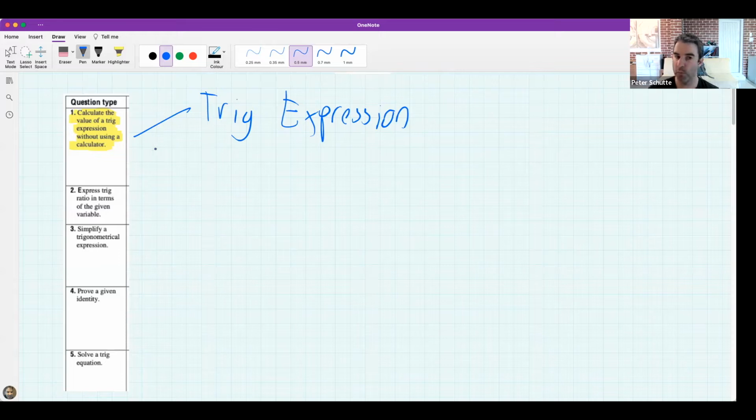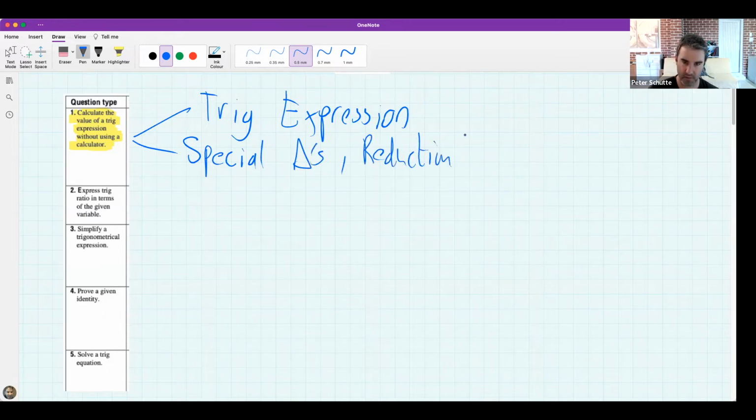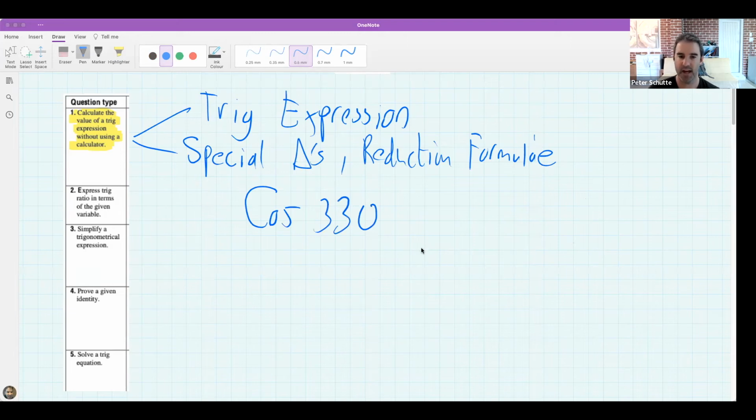So what this normally means is you're going to be using special triangles and/or the reduction formula. An example would be if I gave you the cos of 330 and said evaluate that without a calculator.